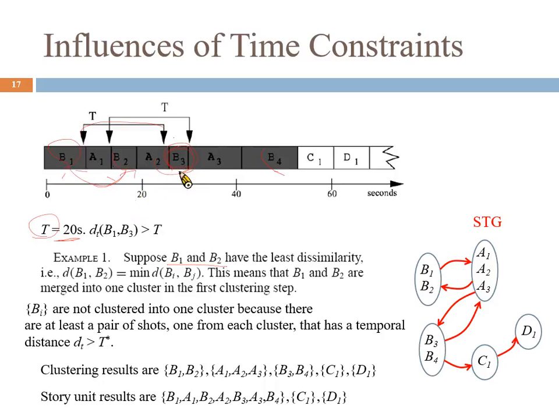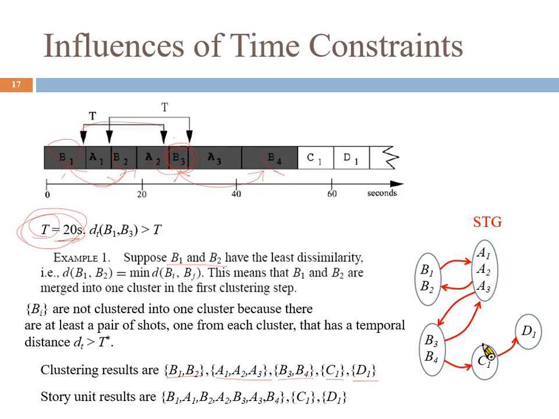On the other hand, B3 should be clustered with B4 later. So with such a time constraint, the final clustering result would be B1, B2, A1, A2, A3, B3, B4, C1, and D1.